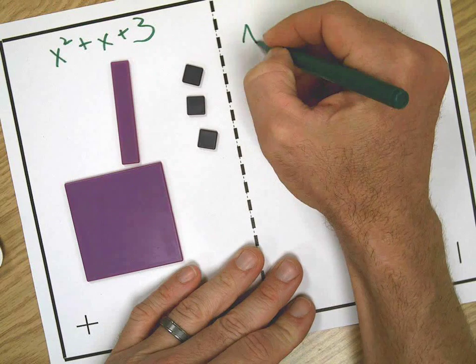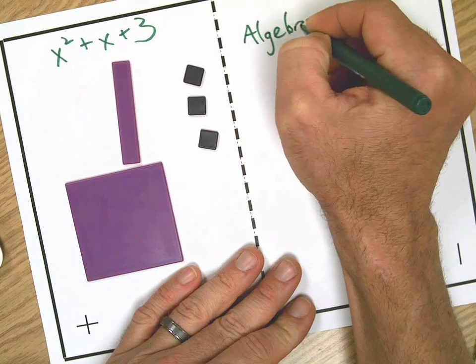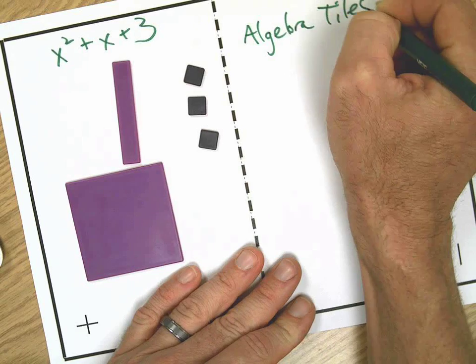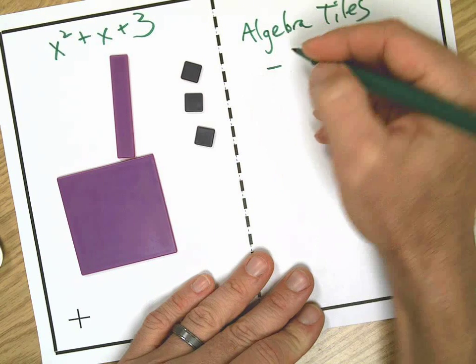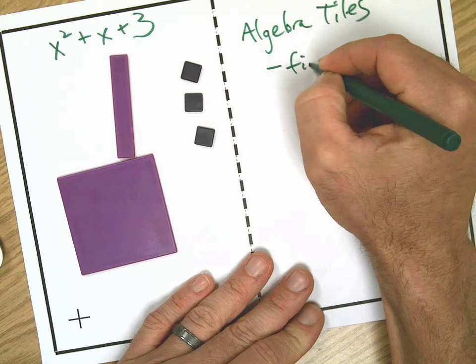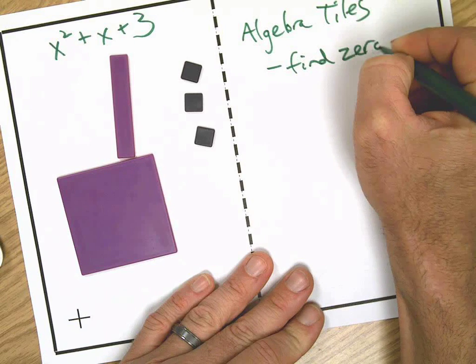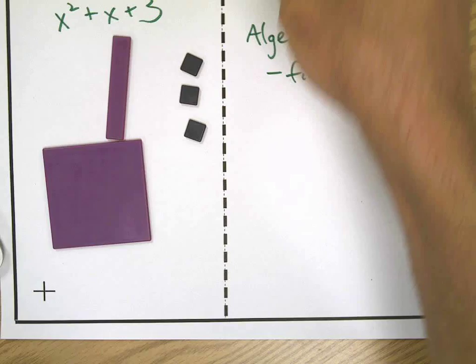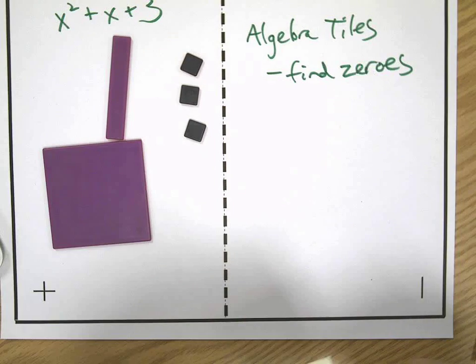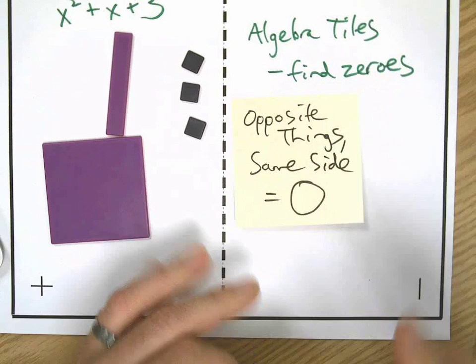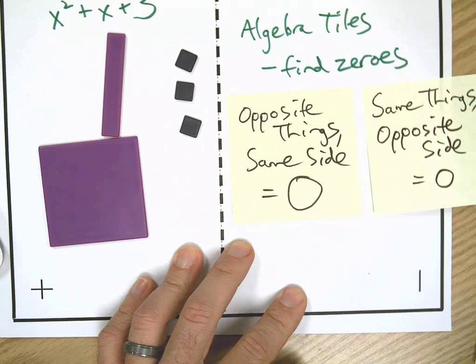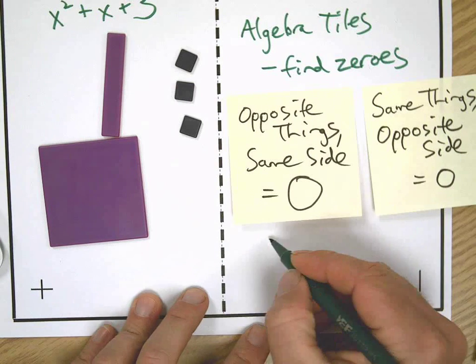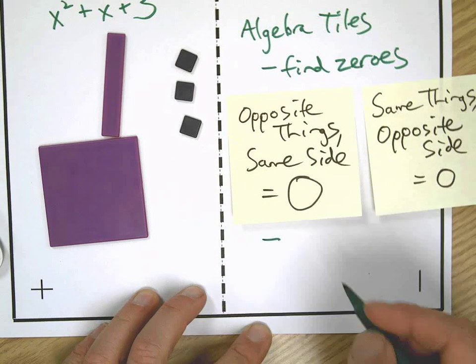Okay, so let's review. When you're using algebra tiles, here's your strategy. Find zeros, which means opposite things same side, same things opposite side.